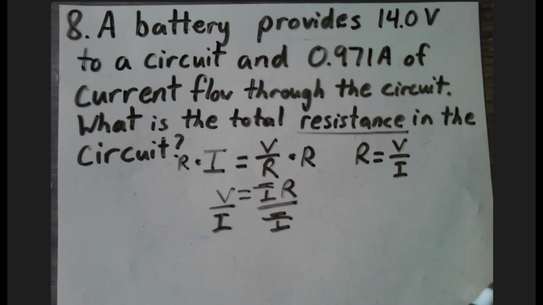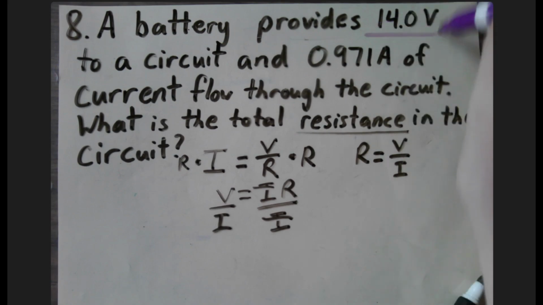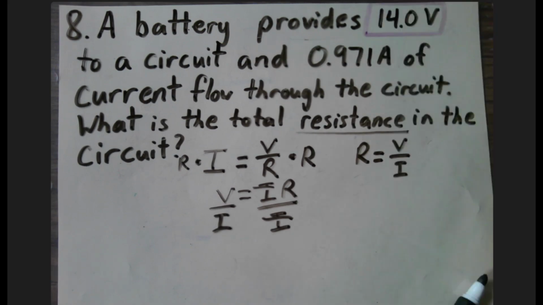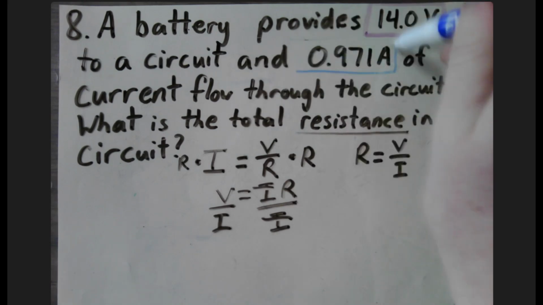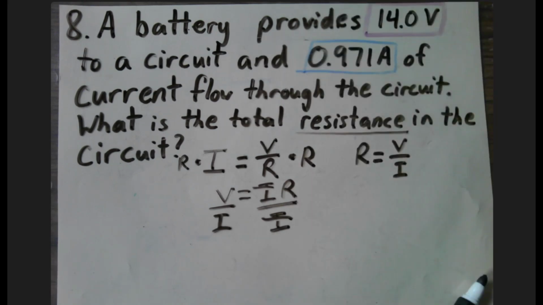Now that we have our formula, let's look at what we have in our problem. We have our voltage right here, 14.0, and we have our amperes, 0.971 amperes, which is our current. So let's plug in to our formula.